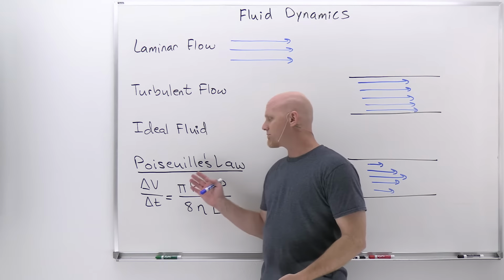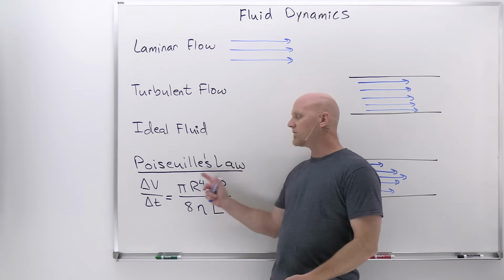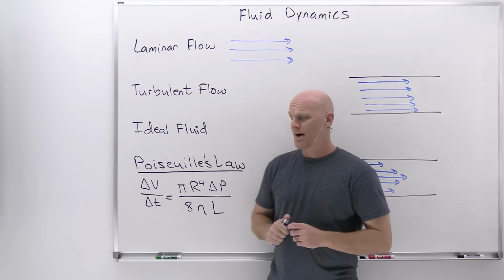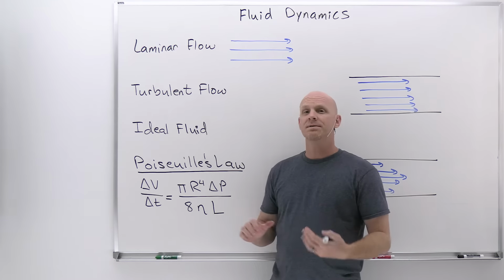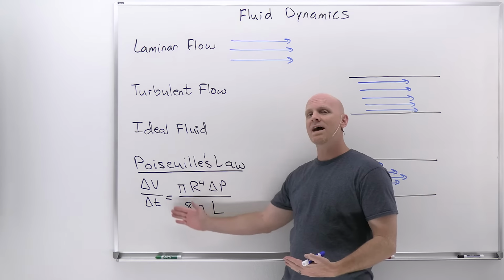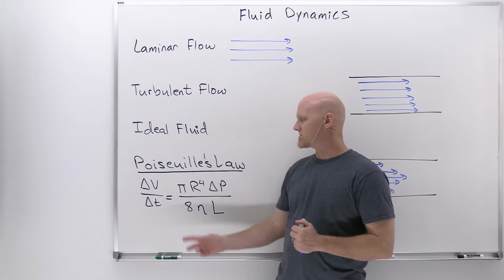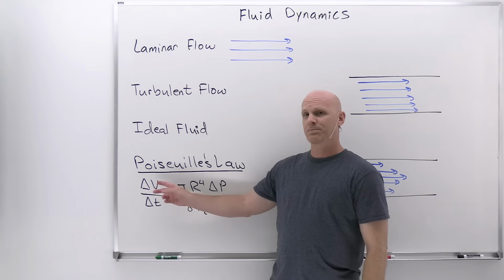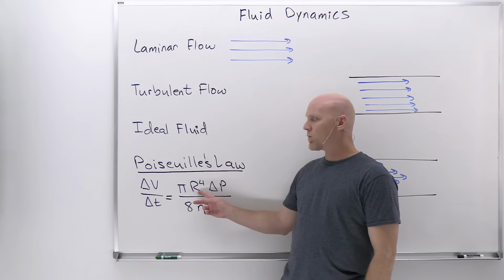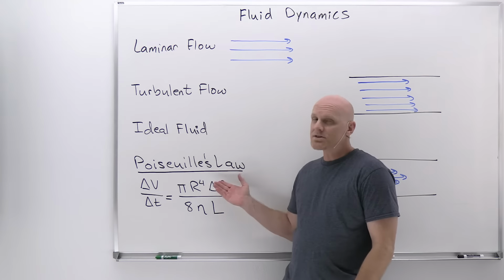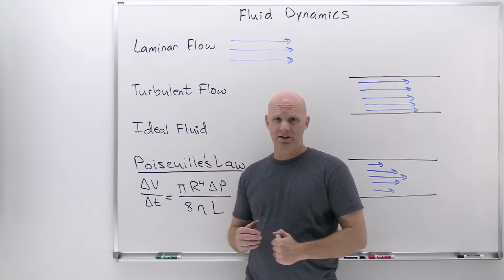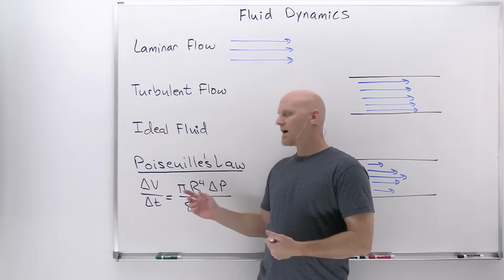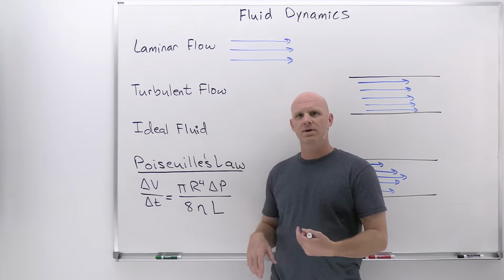Now, Poiseuille's law, you're probably not likely to do an actual calculation with this, although I can't guarantee it, and it's not likely an equation you have to memorize, but you probably want to understand how the variables play out here. So it's volume flow rate, and you can see that the volume flow rate is proportional to r to the fourth. Now, I wouldn't expect you to realize that it's to the fourth power, but you should recognize that it makes sense that it's proportional to the radius.